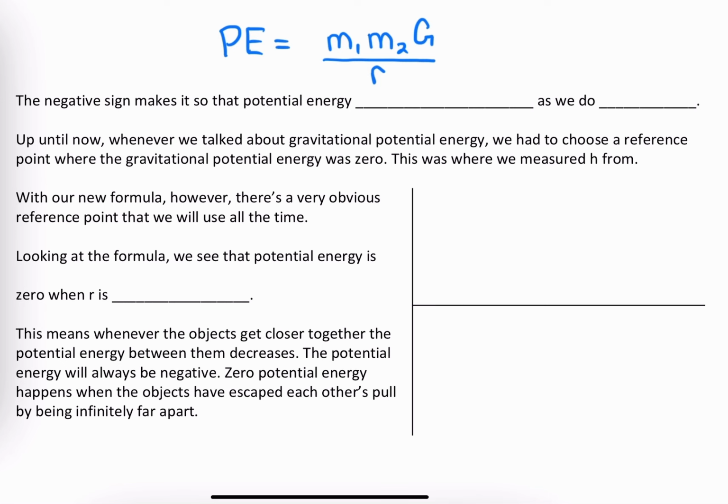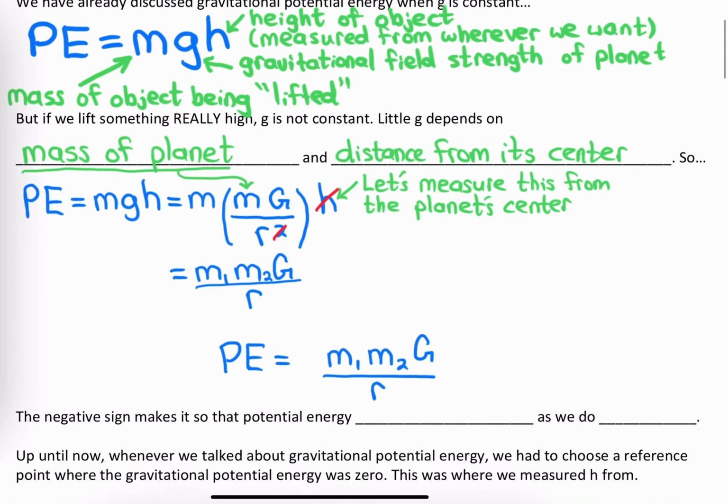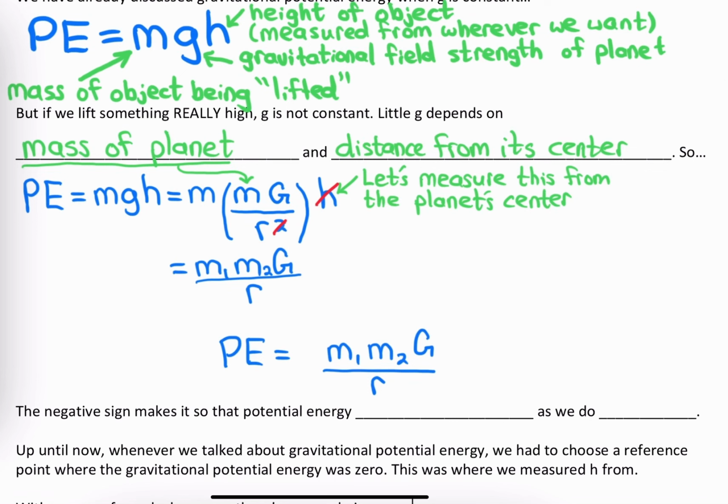Now, there is an issue here. Our traditional understanding of gravitational potential energy is that as you lift an object higher and higher, it gets more and more gravitational potential energy. And that's pretty fundamental to the understanding of potential energy. But that was because in our old equation, H was proportional to the potential energy.